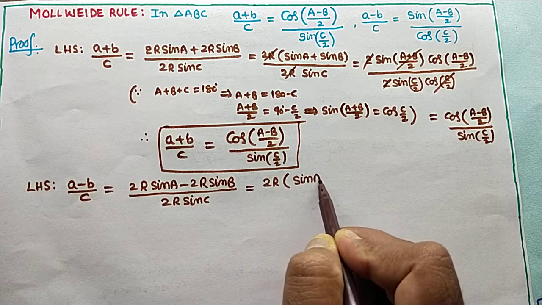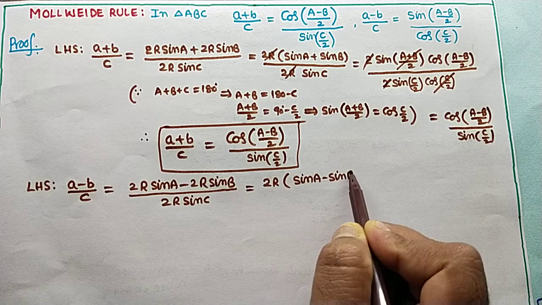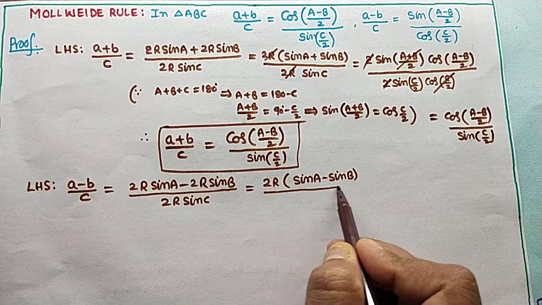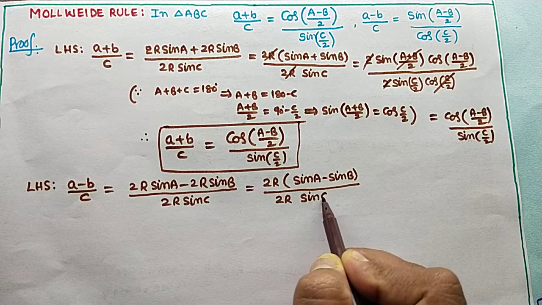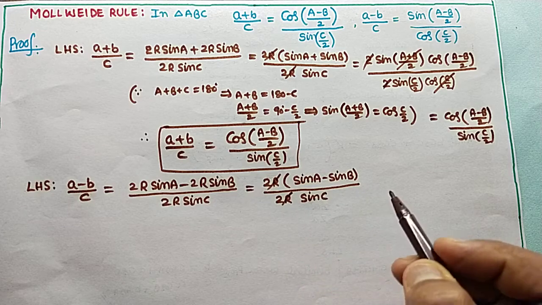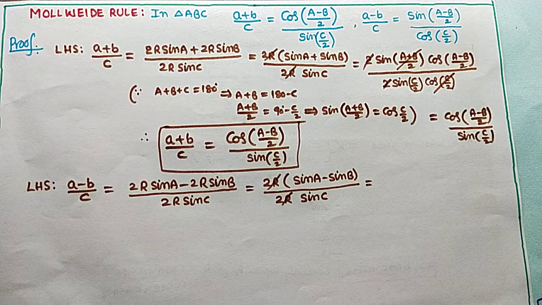Sin A minus sin B, whole divided by sin C, as 2r gets cancelled. Sin C minus sin D: we know the formula, 2 cos (C plus D) by 2 sin (C minus D) by 2.